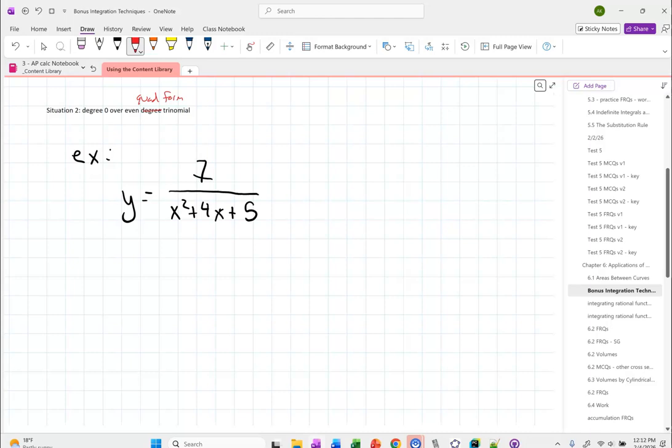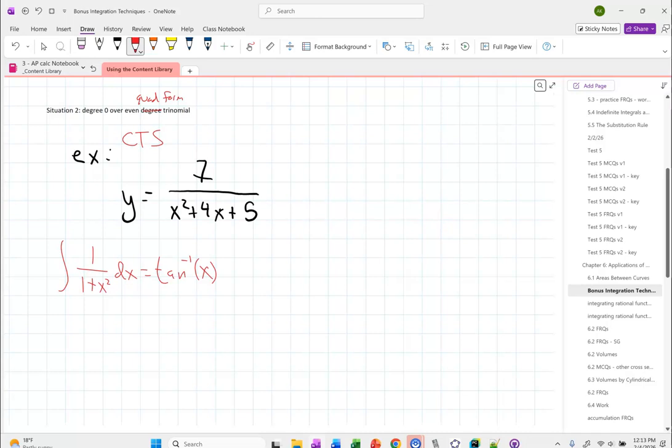So in this case, the trick is going to be completing the square. Because the goal here is I want to make it look like that, so I can use the tan inverse antiderivative.